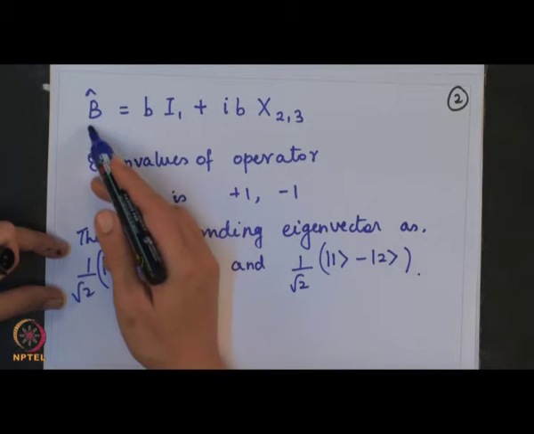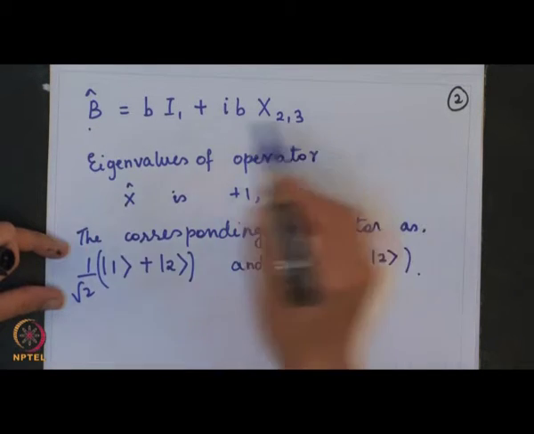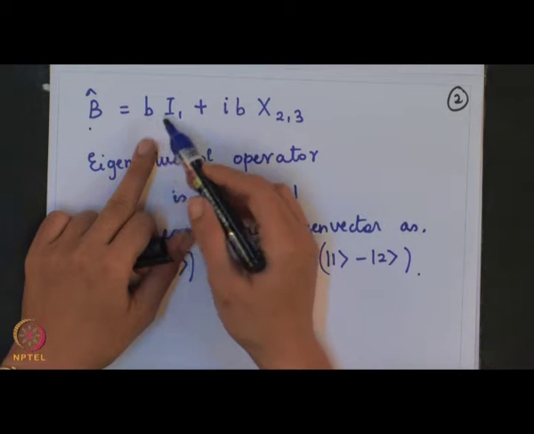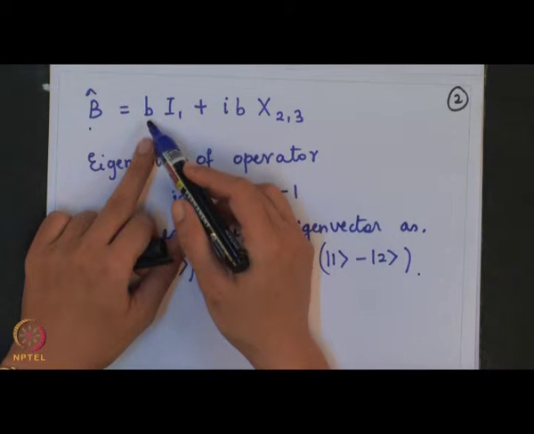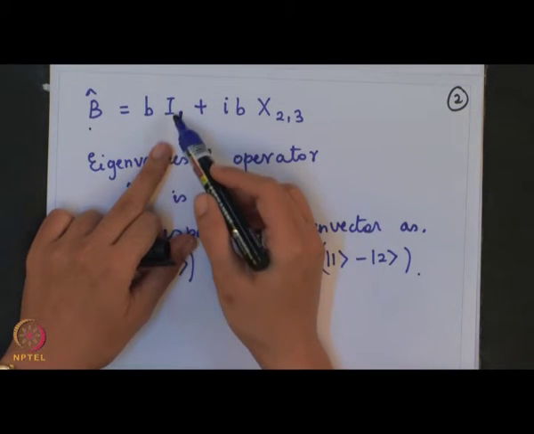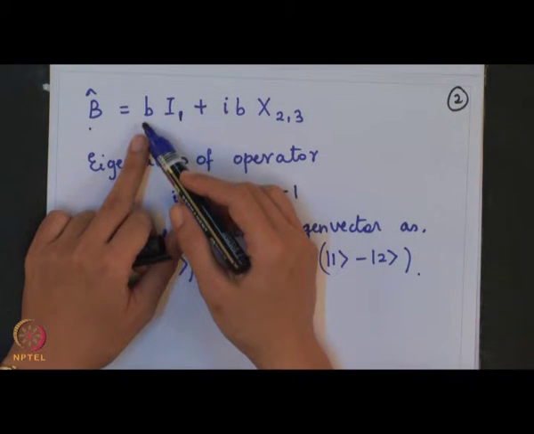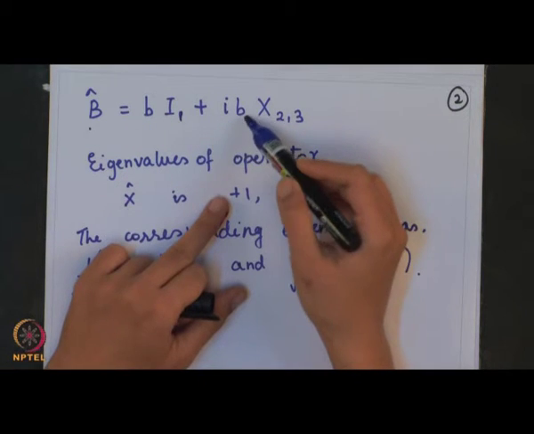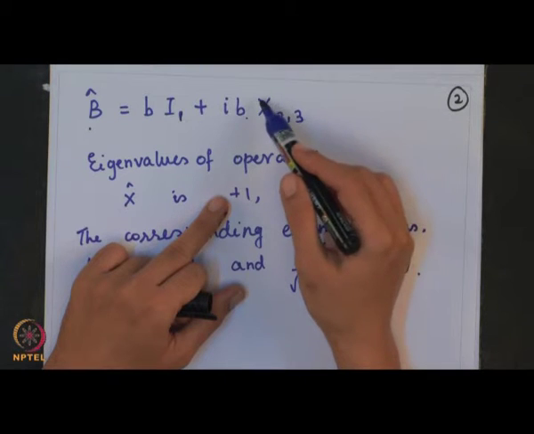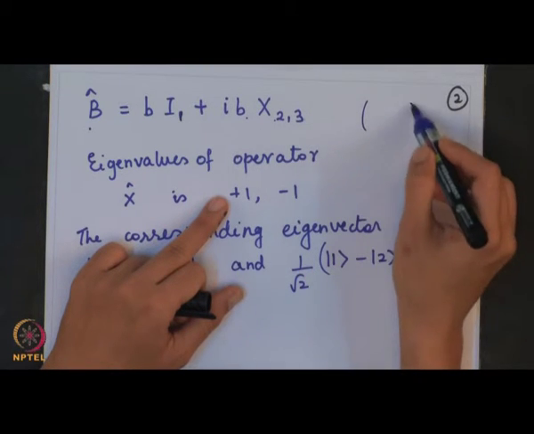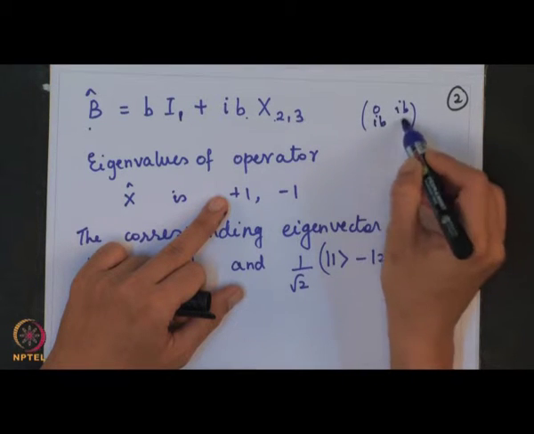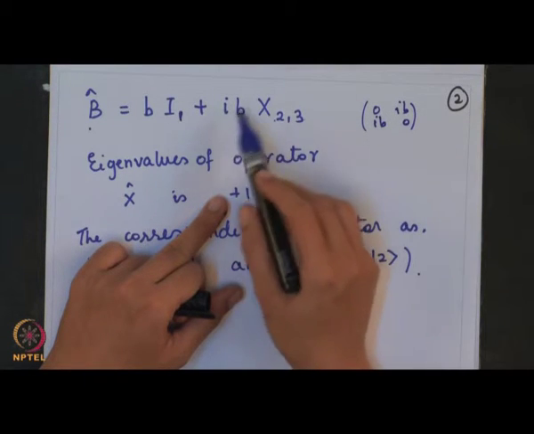Now we have written B in terms of x and I. Let me explain this to you. B is the real coefficient; I1 corresponds to the first component, the 11 component, and iB 2, 3 means the second block. So this part is 0, iB, 0, and the rest of the terms are 0.